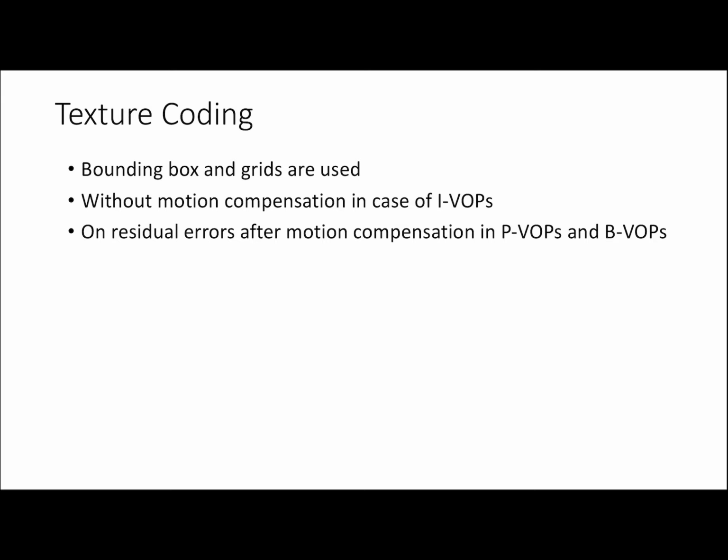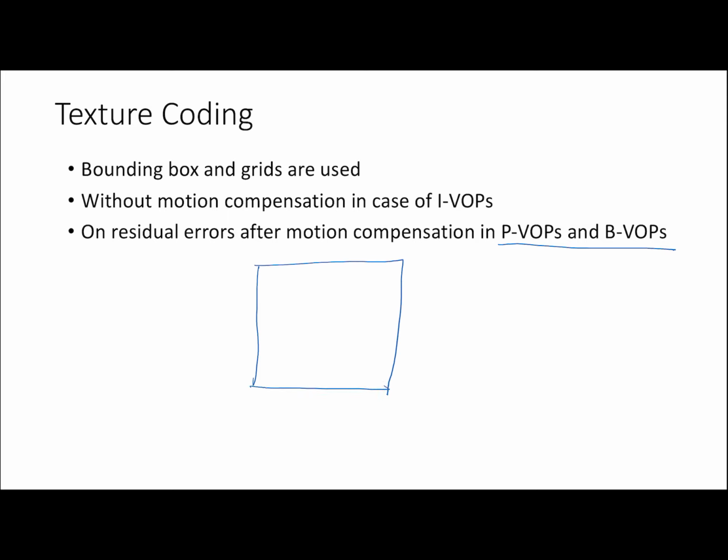Texture coding is to be performed on IVOPs or residual errors after the motion compensation in the PVOPs or the BVOPs. And for texture coding too, the macro block grid is used.